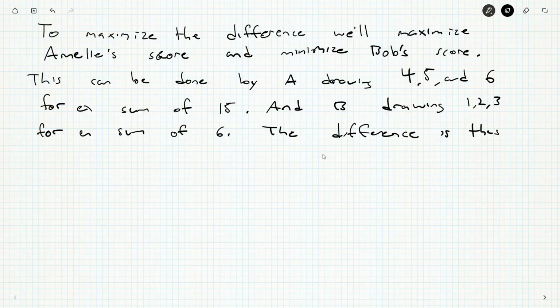The difference is thus 15 minus 6, which is 9. Alright. So that's part A down.